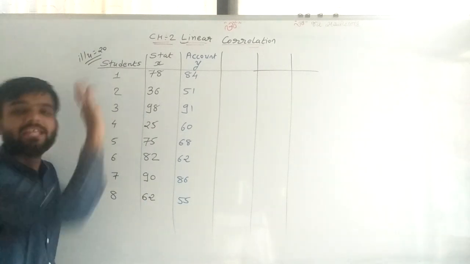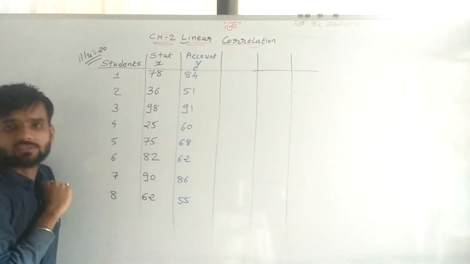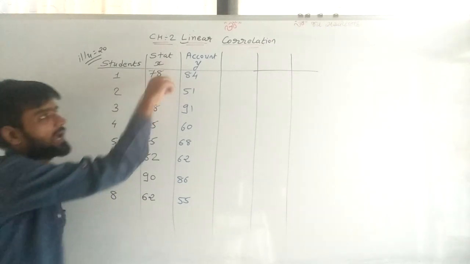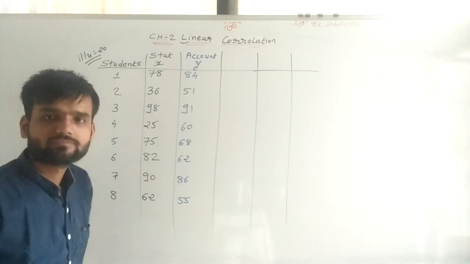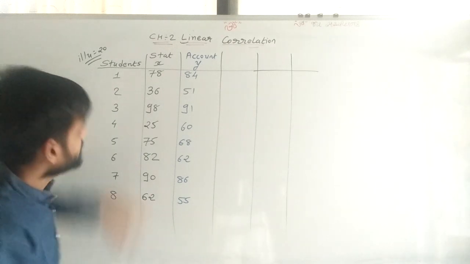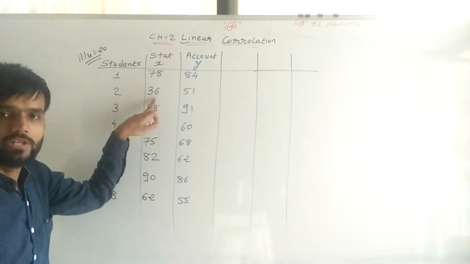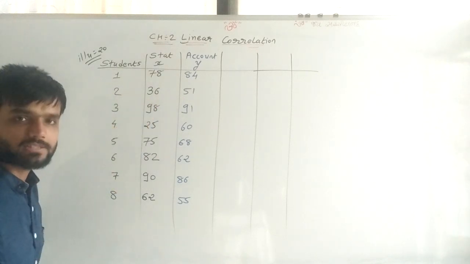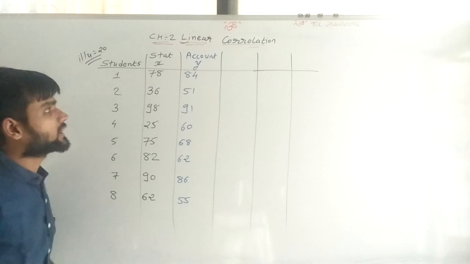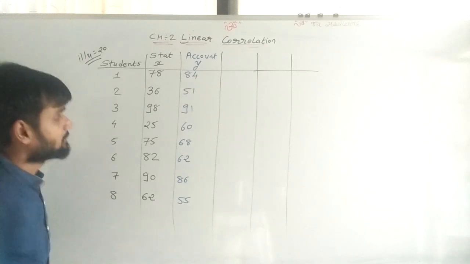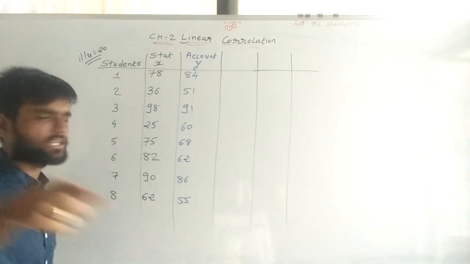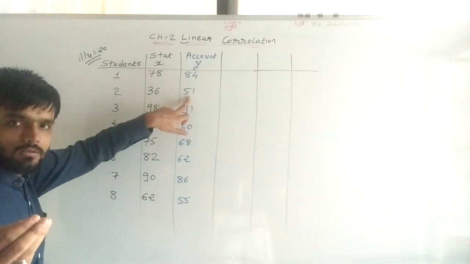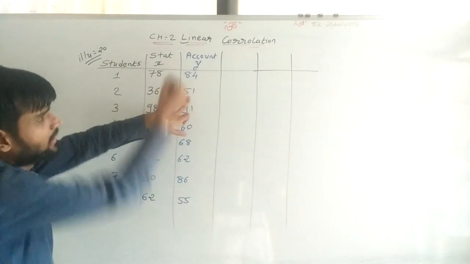statistics subject marks of 8 students as well as accountancy marks are given. The first student's name is not given, but the first student's marks are 78 in statistics and 84 in accountancy. Same way for the second student, statistics marks 36, accountancy marks 51. By comparing these two marks, we can say the second student is very weak in statistics but medium in accountancy.